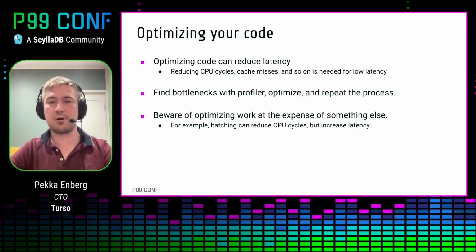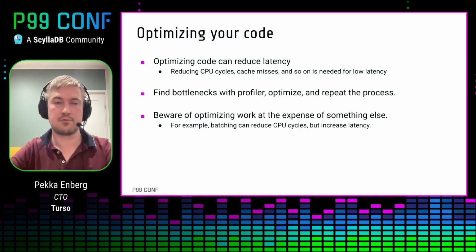Then optimizing your code. I think this is probably the most boring advice on low latency techniques, because this is essentially just, you optimize the code to do less, and therefore you reduce latency. There are typically a lot of ways to improve. You can reduce the number of CPU cycles you are using, the amount of cache misses, and so forth, right? And this is just the traditional performance work. So find bottlenecks with the profiler, optimize, and keep repeating.